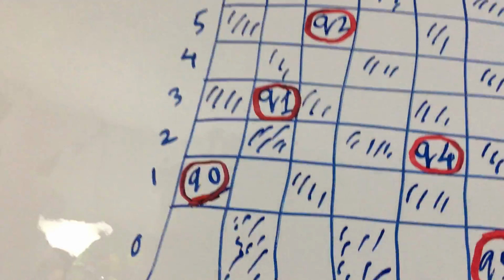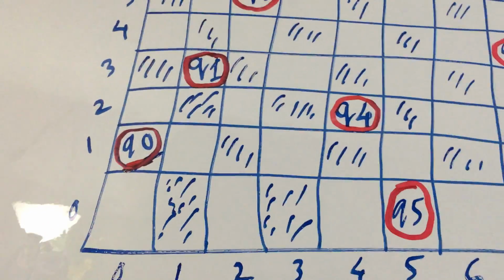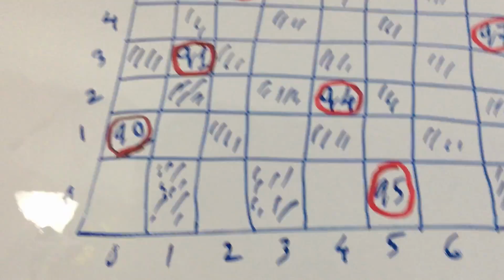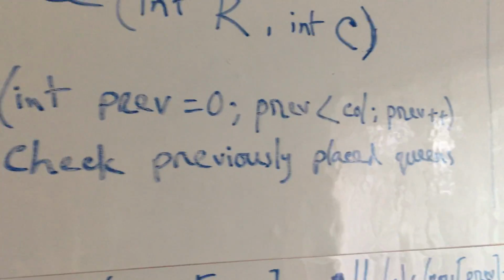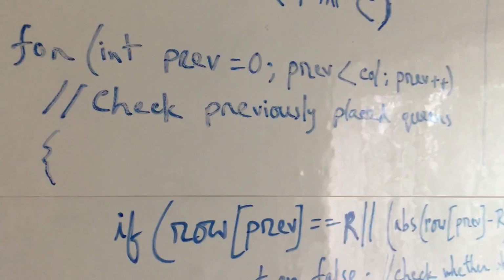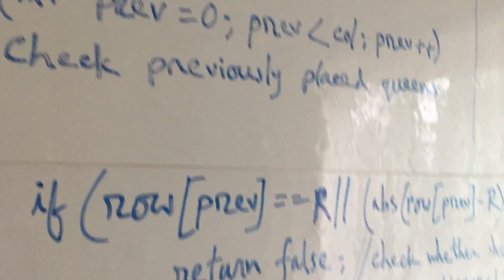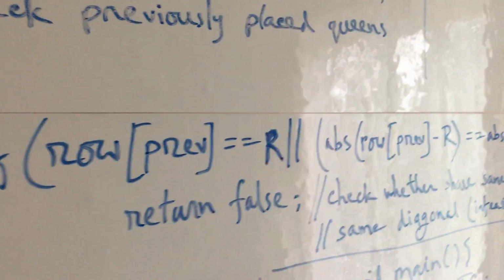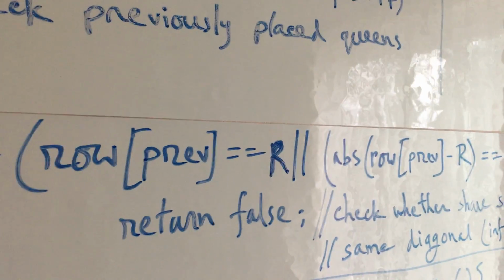Suppose we first place a queen in column 0 and row position 1, and then we iterate through all the previous columns for the next one. So we iterate through all the previous positions of the queens and check whether the next queen can attack the previous queen.